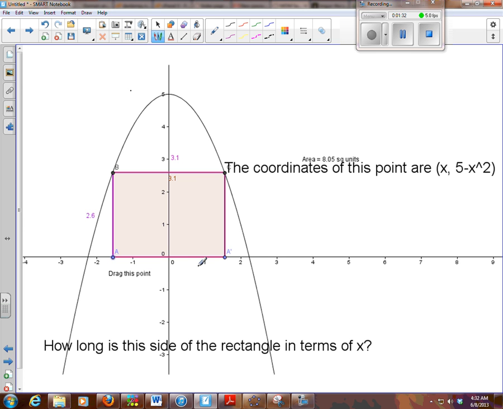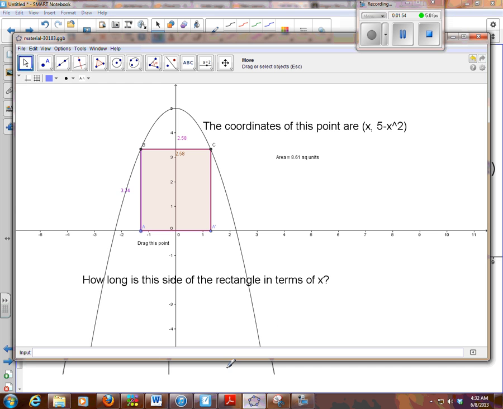So I know this is x from here to here, and it's also the same distance over here because it's symmetric. It is a parabola. So the dimension for this length is 2x. And then I want to do the dimension of the height, and that changes, if you go back and look at my sketch here.